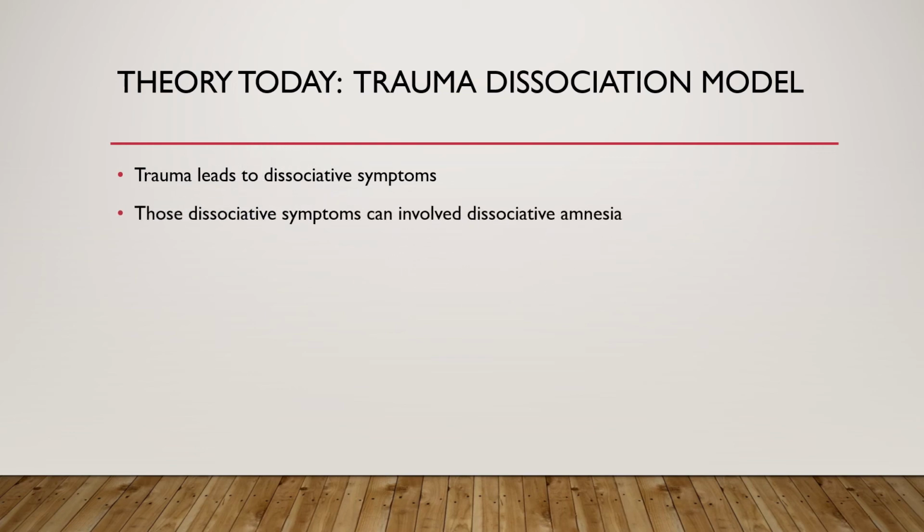But nevertheless, I think there is a small correlation. And then the argument goes one step further to something that I may not agree with, that in extreme trauma cases, those dissociative symptoms can involve full-blown dissociative amnesia, where the individual is not aware of sometimes very, very severe abuse memories.